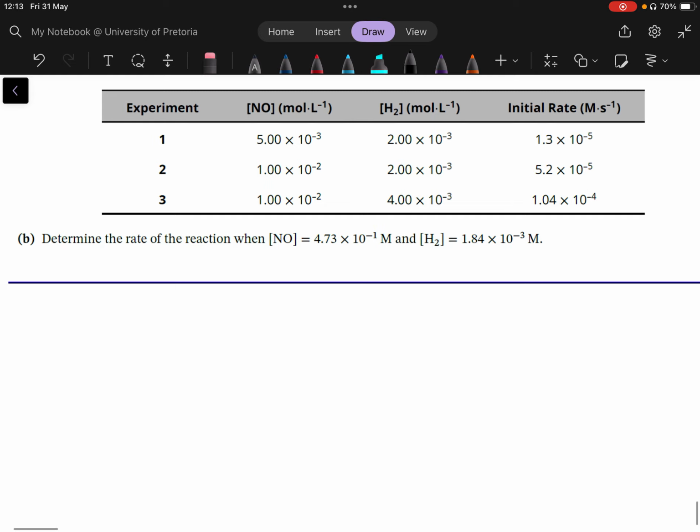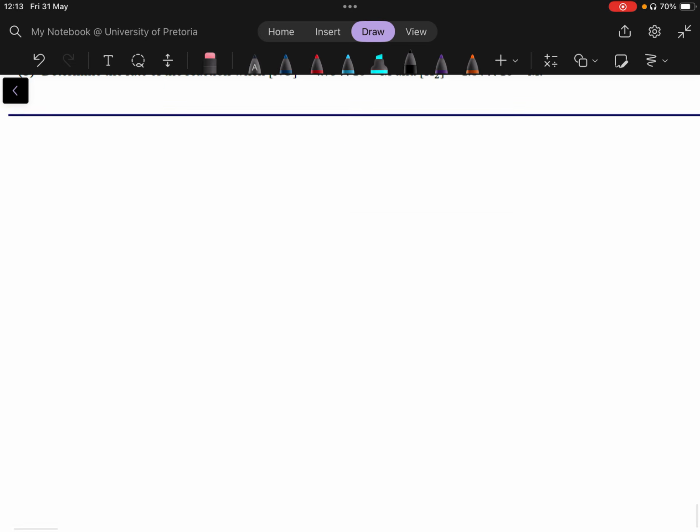But how does that look in terms of the mathematics? Let me write that again here at the bottom.